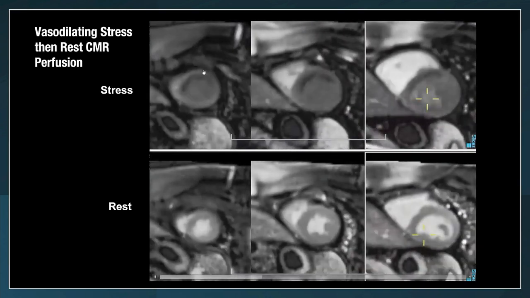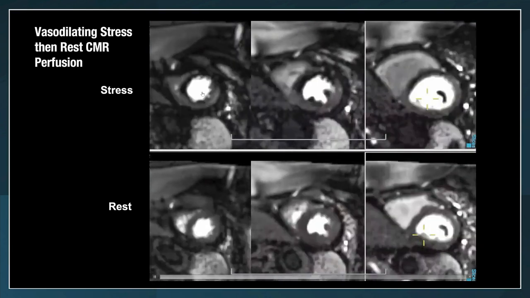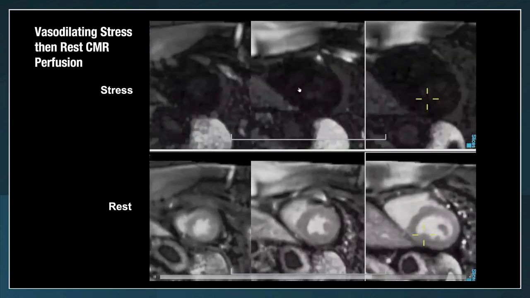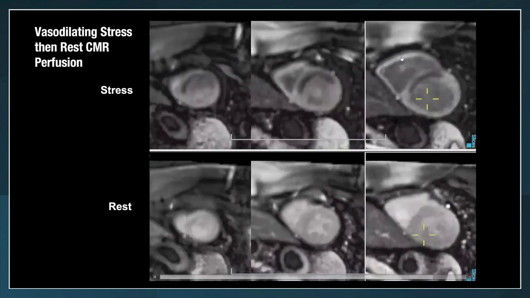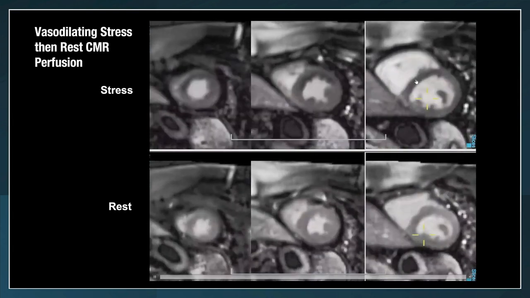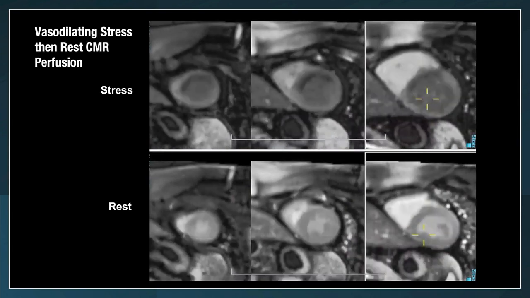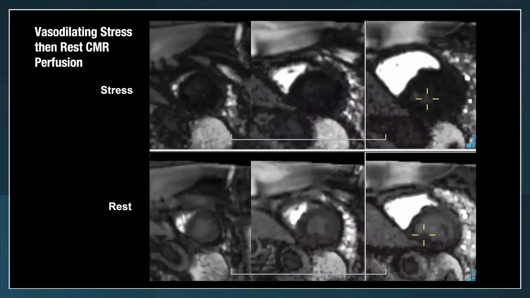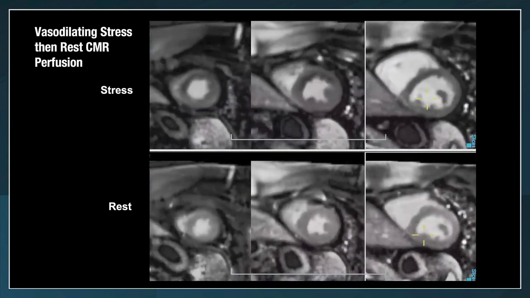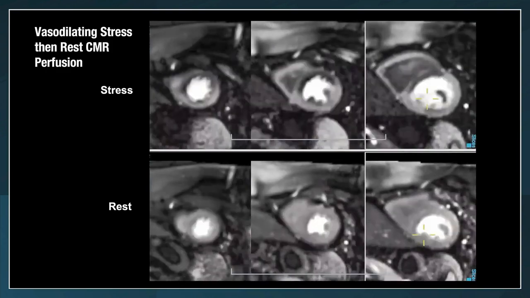What you're seeing is perfusion images: the apical slice on the left panel, the mid slice in the middle column, and the basal cut in the right column. On top is the stress perfusion, and on the bottom are the rest perfusion images.